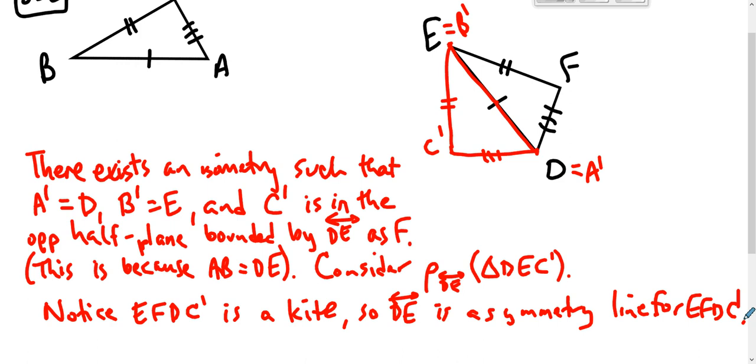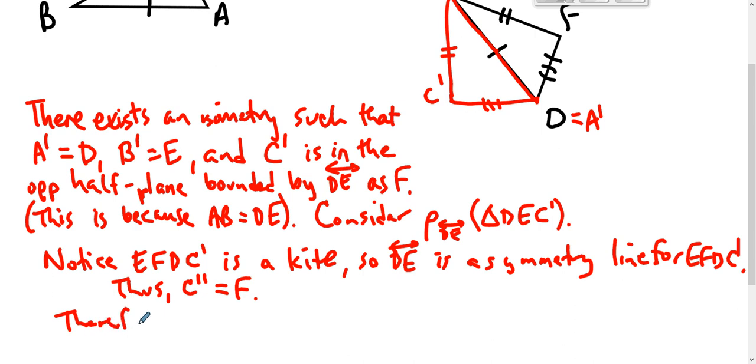Because the line ED is a symmetry line for the kite, thus C double prime is F. Because that's what symmetry lines do. You remember from when you were 12 that on a symmetry line, we fold over a symmetry line and this piece matches up with that piece.